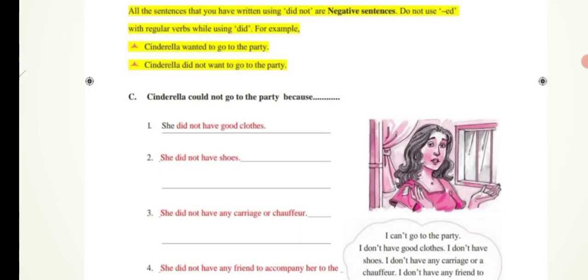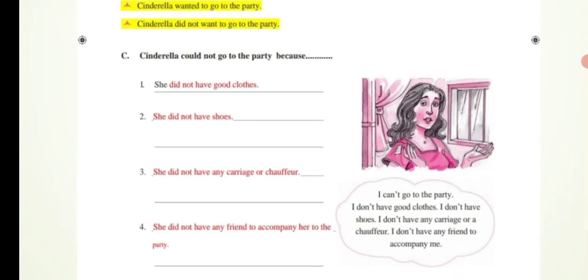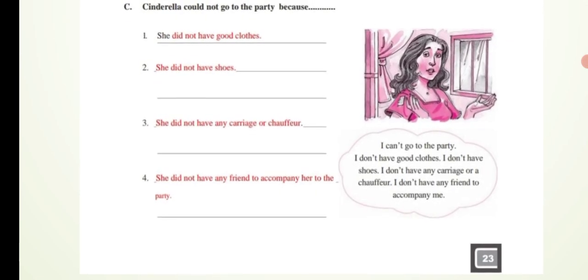Cinderella could not go to the party because... Now we have to tell the reasons in negatives only. She did not have good clothes, reason number 1. She did not have shoes. She did not have any carriage or chauffeur. Chauffeur is like a driver.